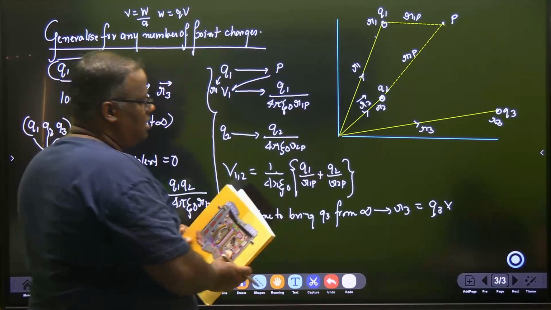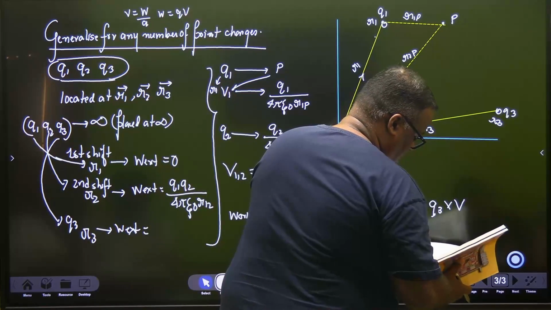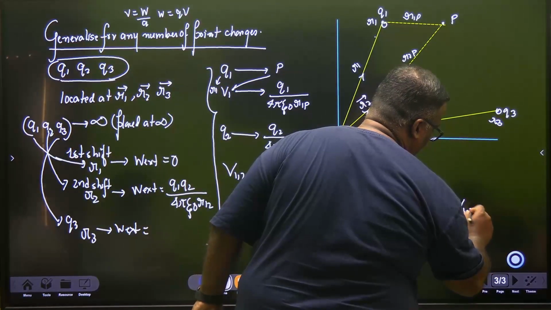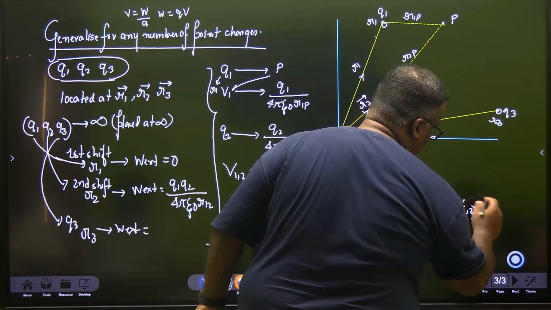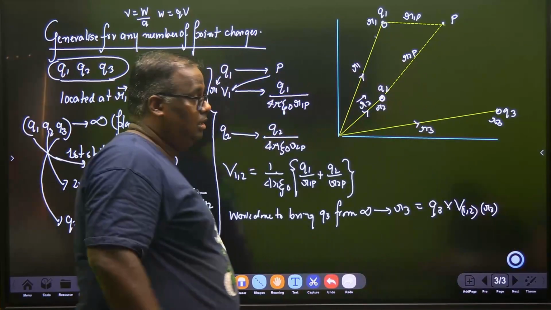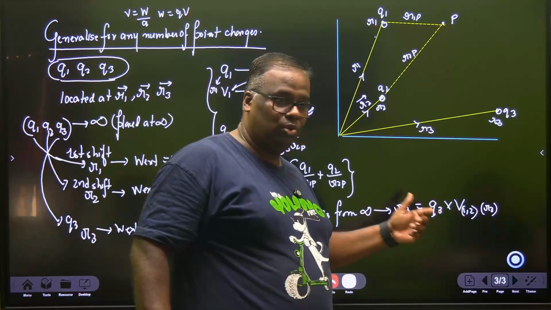So we write this as Q3 into the potential at 1 and 2, due to 1 and 2 at R3. This is not multiplication, this is just a function. How to read it?